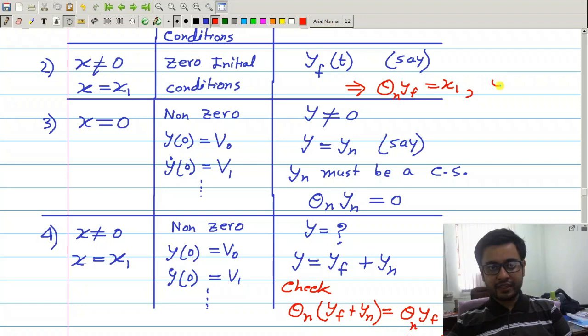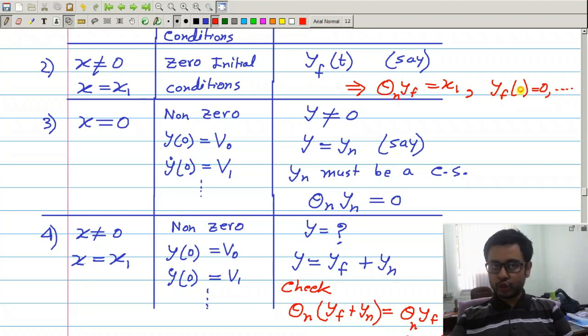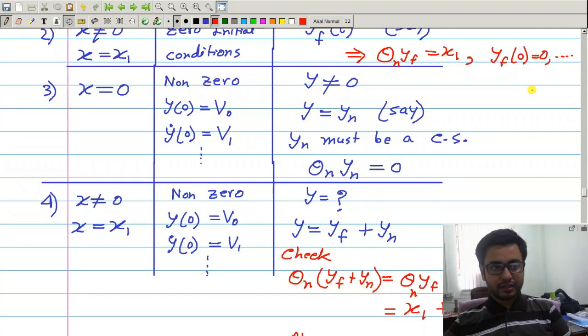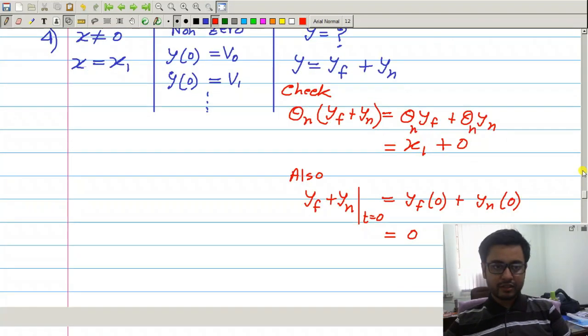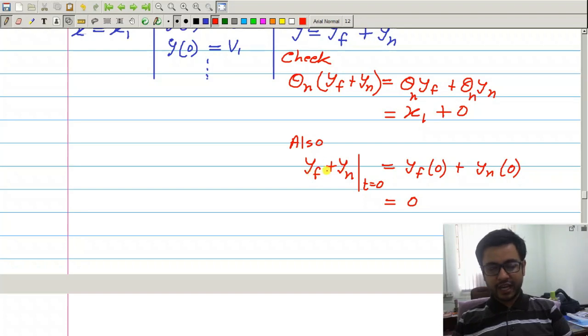So here we had yf(0) equal to 0 and other derivatives also 0. But in situation 3, yn(0) must be equal to v0 and y dot n(0) should be v1 and so on. So here when we have the sum, the first term becomes 0, second term is v0, so this also satisfies the given boundary condition.